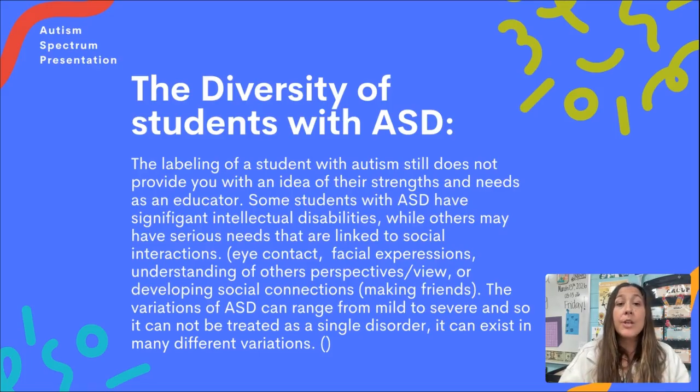Maybe they have trouble connecting with others and making friends. There's a wide diversity there when it comes to ASD, with many variations, all the way from mild to severe. So we can't treat it like a single disorder. It definitely has variations, so we need to know that as a teacher.